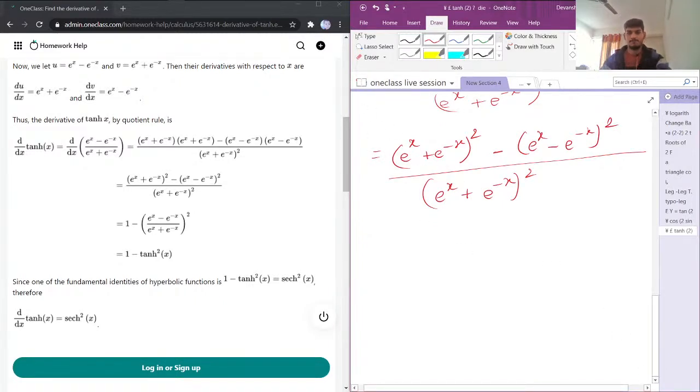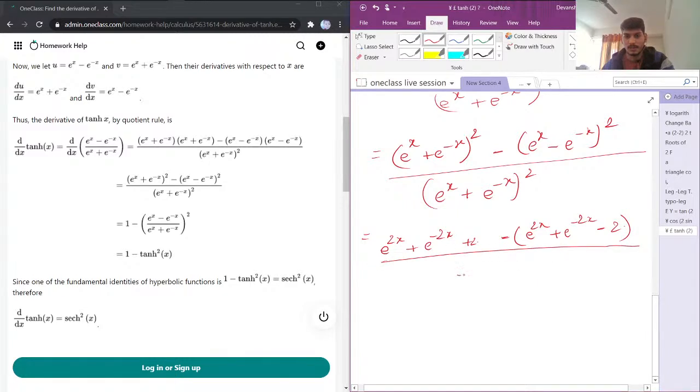Now if I open this square, then I will get e power 2x plus e power minus 2x plus 2 times e power x, e power minus x, which will be 1, minus e power 2x plus e power minus 2x, then minus 2 times e power x, e power minus x, so that will be 1, over e power x plus e power minus x.